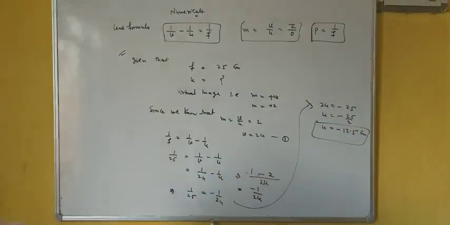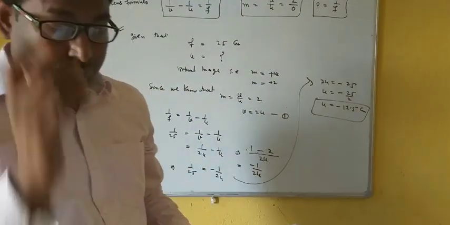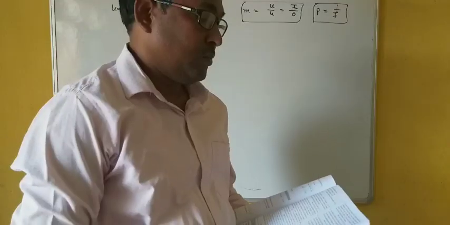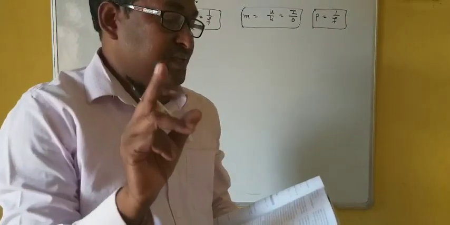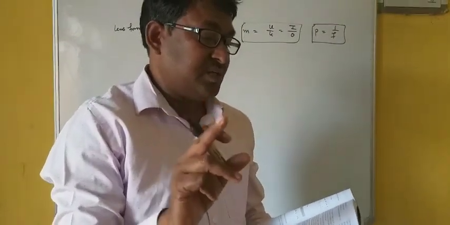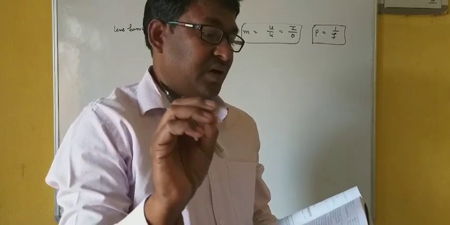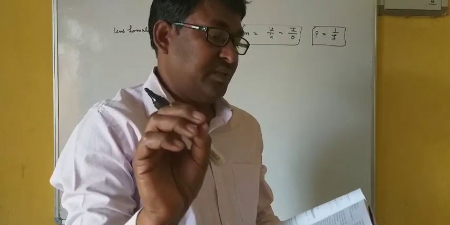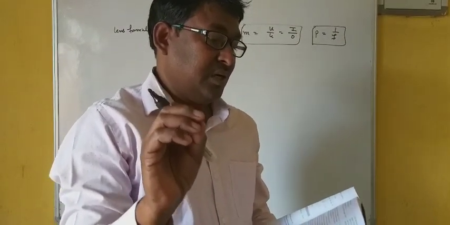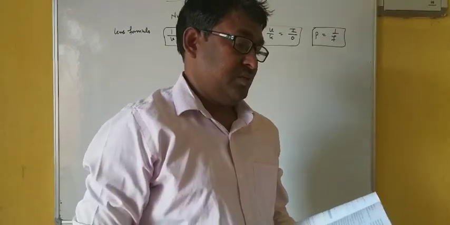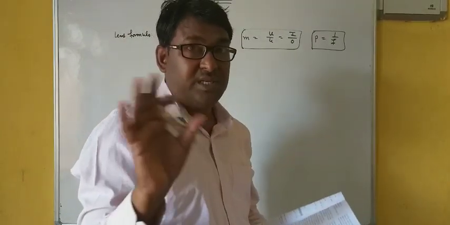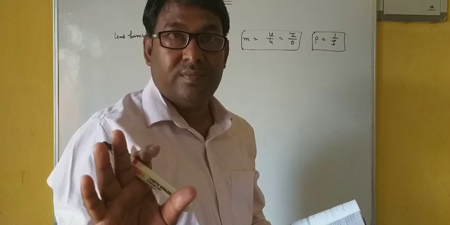Now another numerical: a lens forms the image of an object placed at a distance of 45 centimeter in front of it on a screen placed at a distance of 90 centimeter on the other side of it. The lens is not specified as convex or concave; it doesn't matter.